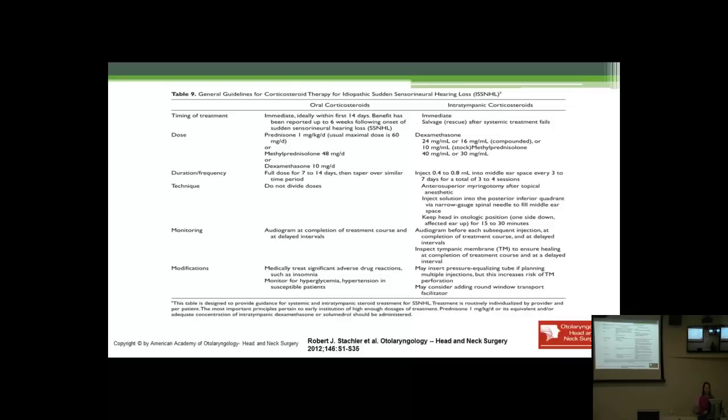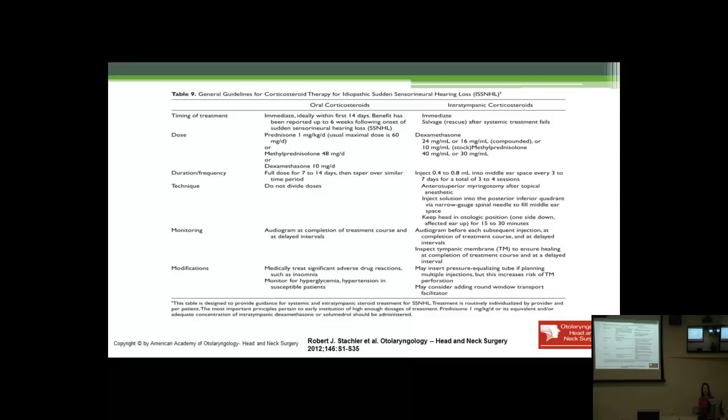I threw this in here because some providers in primary care are very comfortable prescribing steroids if they have an audiogram completely available and accessible to them, patients have had it immediately, and they feel it will be difficult for them to get in to see an ENT. I feel comfortable prescribing it, so I have the parameters here for you on how to treat that.